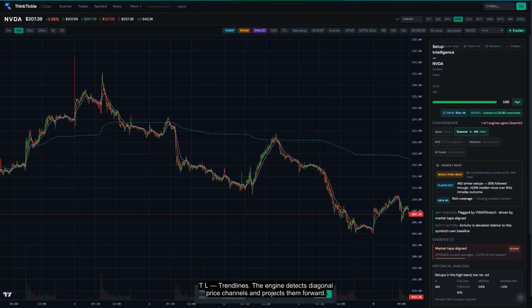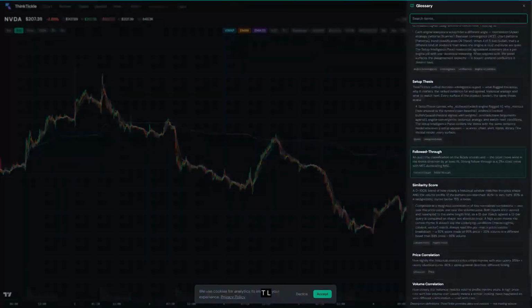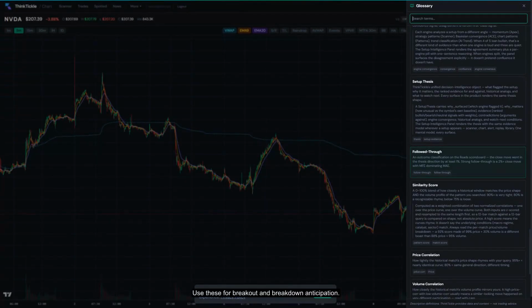TL, Trendlines. The engine detects diagonal price channels and projects them forward. Use these for breakout and breakdown anticipation.